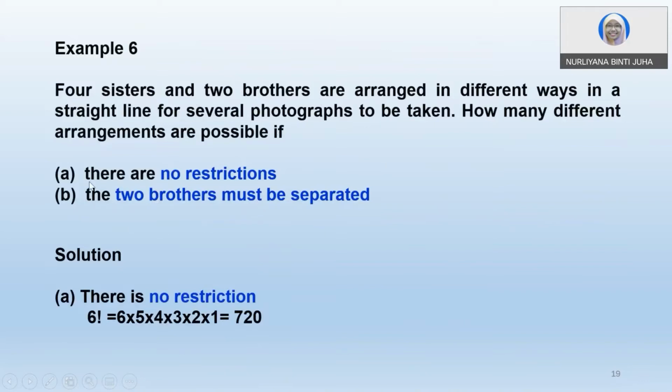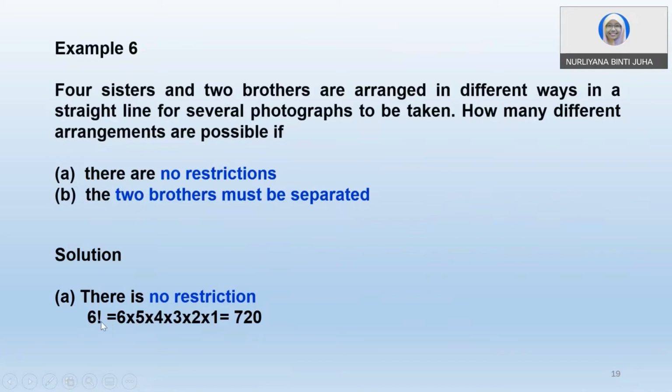For A, there are no restrictions, meaning the 2 brothers and the 4 sisters can sit anywhere as they want. There are 6 of them, 4 plus 2. So we can make it 6 factorial or 6P6.